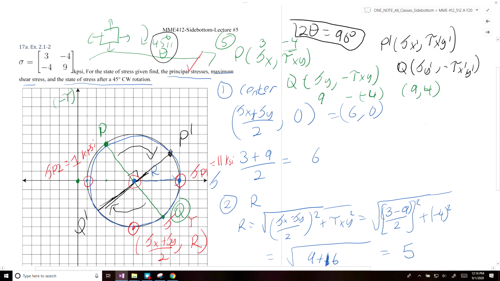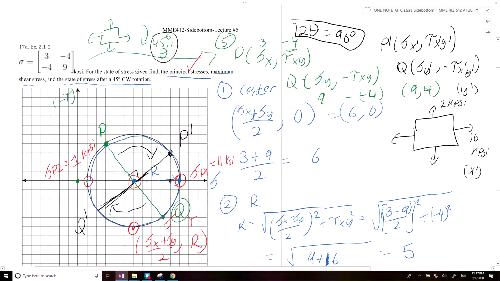So from this, our new state of stress from the graph looks like it's going to be equal to 10 k psi along the x direction. It's going to be equal to 2 k psi along the y direction, or the y prime direction, I should say.